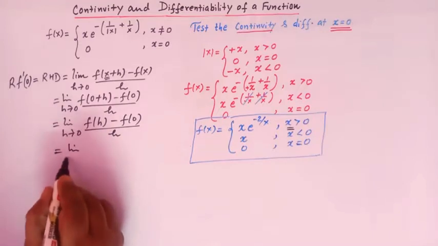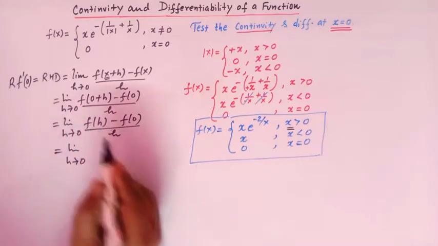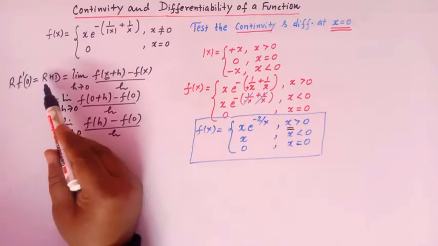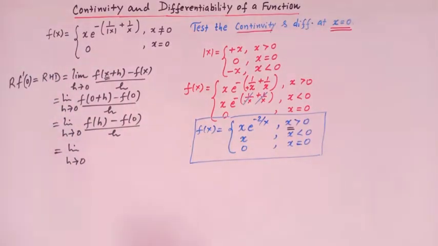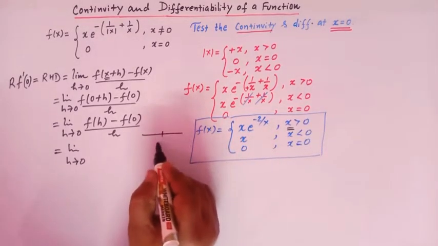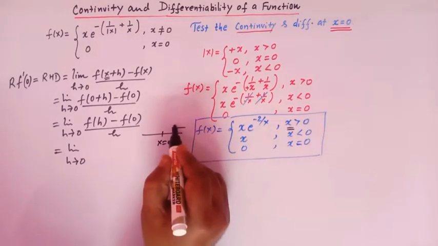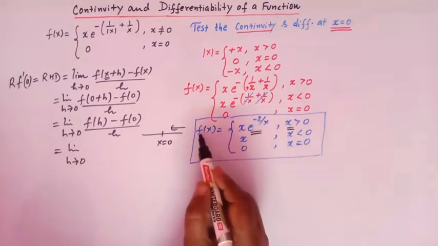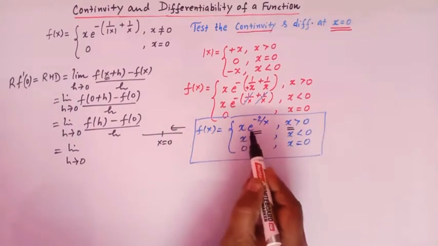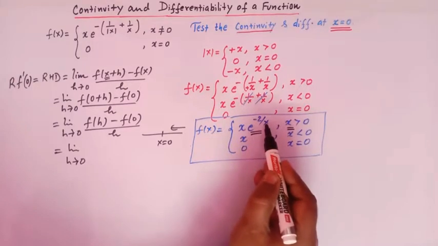And now here f of h, see we are calculating the right hand derivative. It means we are approaching from the right of x equal to 0, right? So we have to take f of x is equal to x times e raised to minus 2 over x.